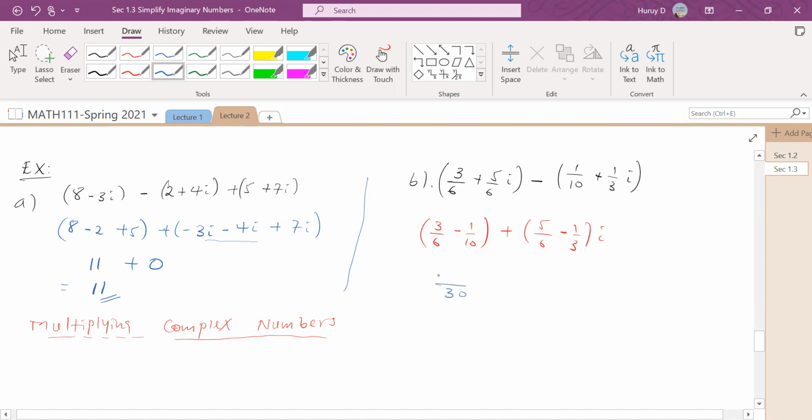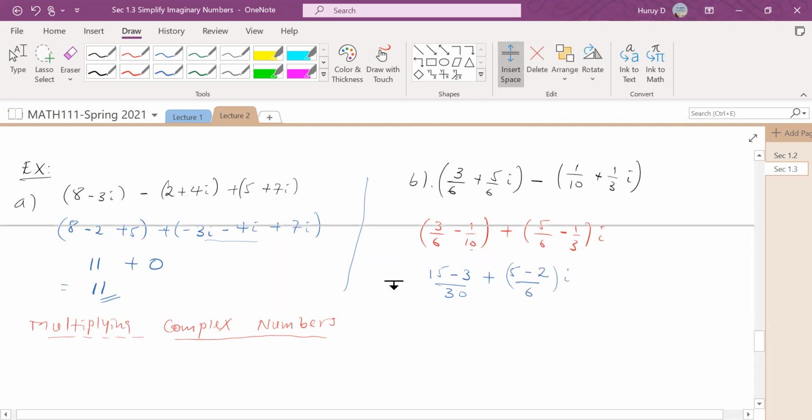30 divided by 6 is 5. 5 times 3 is 15. 30 divided by 10 is 3. 3 times 1 is 3. And we do the same thing here. From this one, because 6 is the LCD, I have 5 minus 2 over 6 times i.